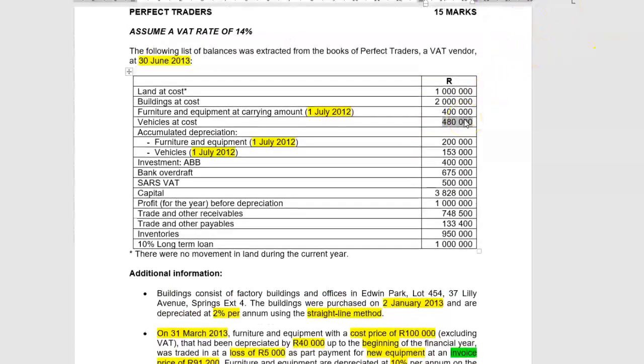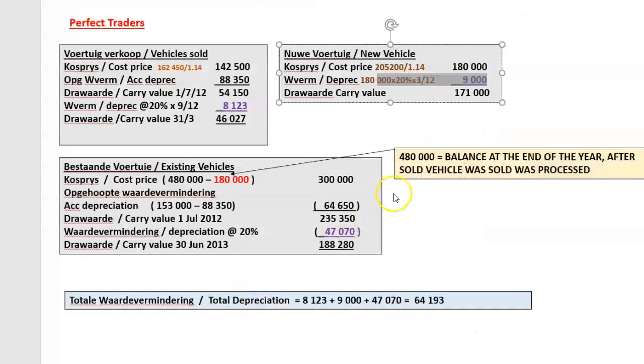Because the old vehicle was already removed and we've worked out the depreciation on the old vehicle separately, we are not bothered with the old vehicle. But the new vehicle of 180,000 Rand cost price is included in the closing balance. So we have to take that 180,000 Rand out of the closing balance. Why?